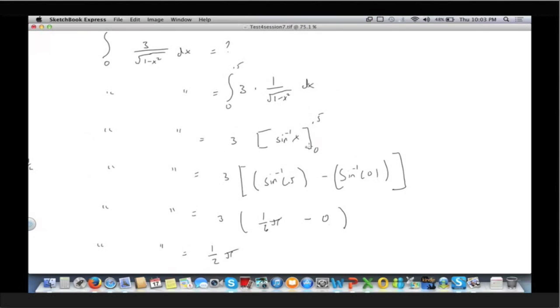So y equals 3 divided by square root of 1 minus x squared, graph. And then second calc, 7, 0 to 0.5. Yep, 1.57. Cool. Okay, good.